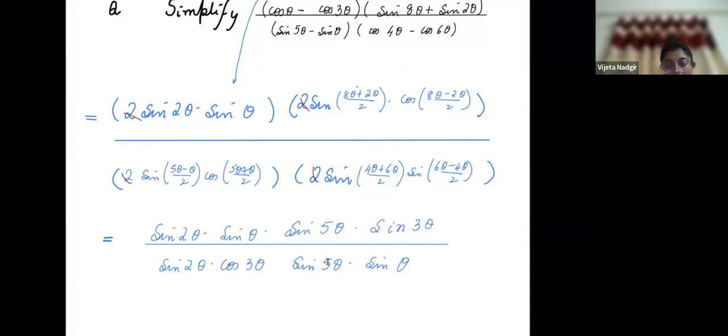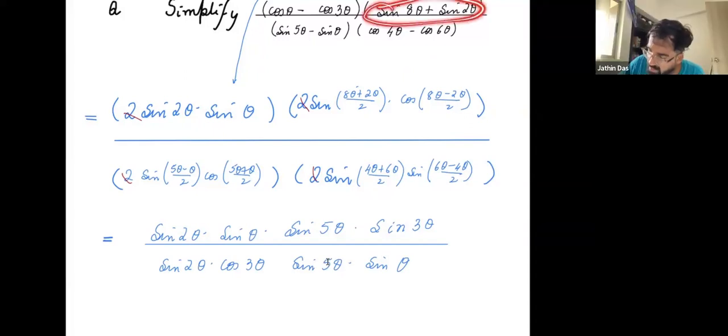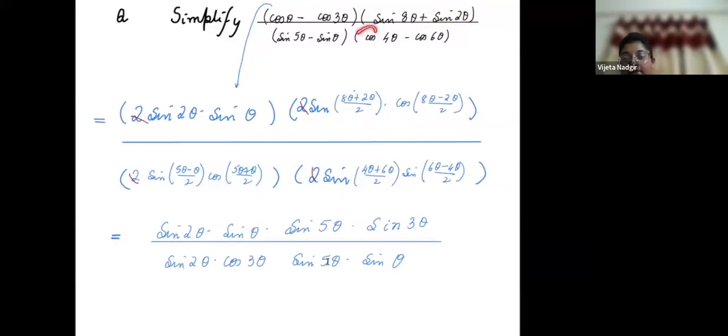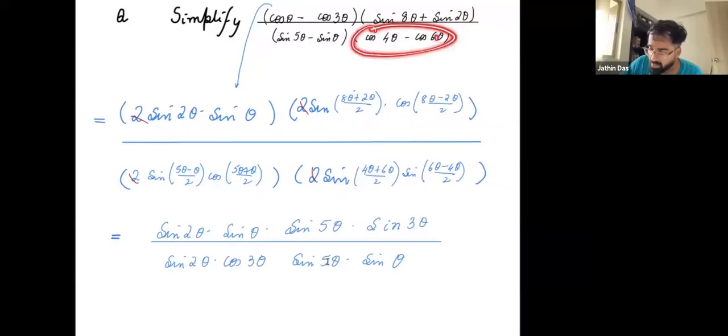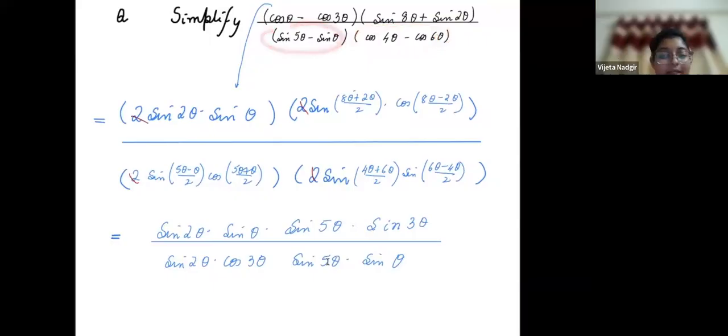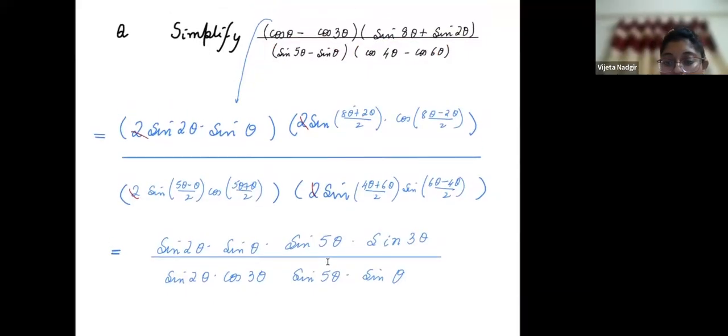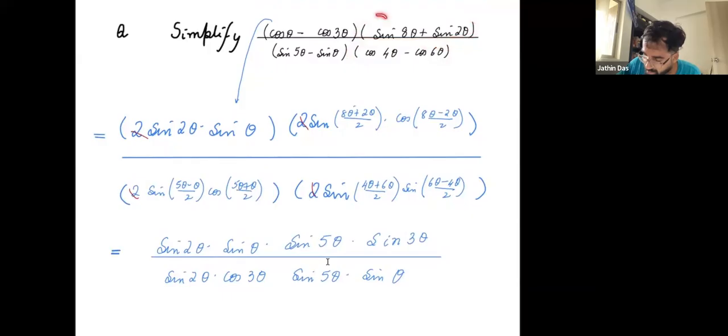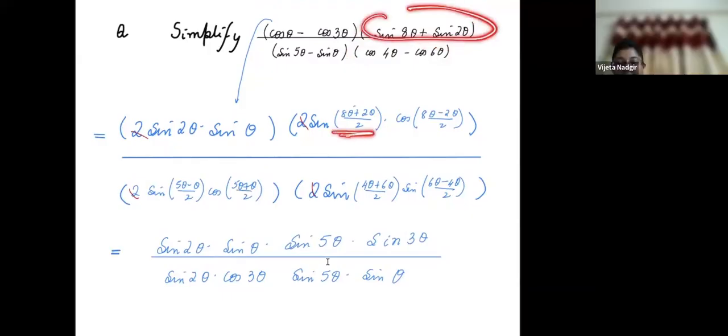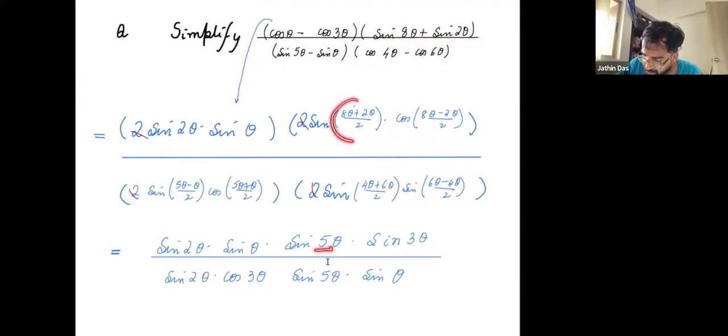So for that second one, is it cos 3 theta? The one circled in blue, the last one. No, above that. That sine pi theta, sine 3 theta, sine 5 theta, right? 8 pi plus 2 pi, 10 pi. 10 by 2, 5.